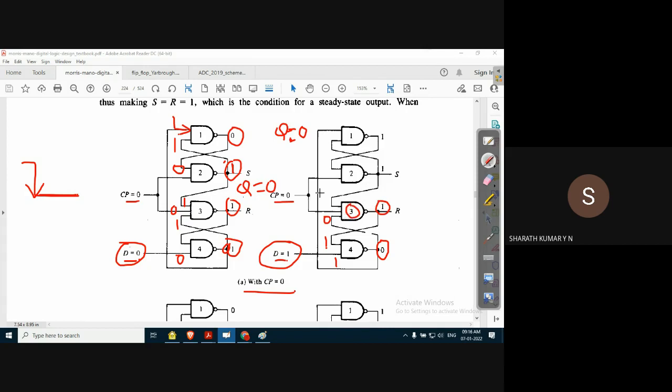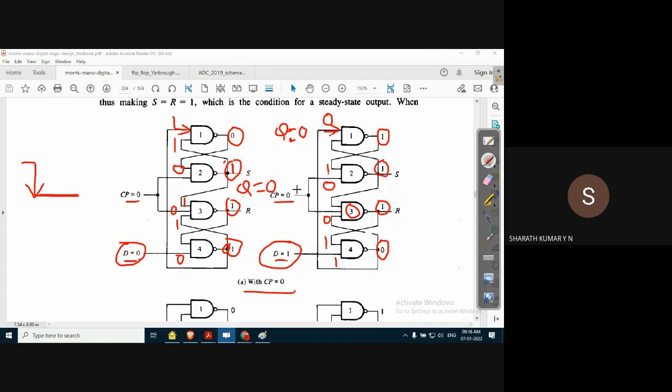Now the other side, input for the first NAND gate is 0, which will force the output of NAND gate 1 to go to 1. Input of the second NAND gate is 1, clock pulse is 0, which will ultimately force S to be set to 1.